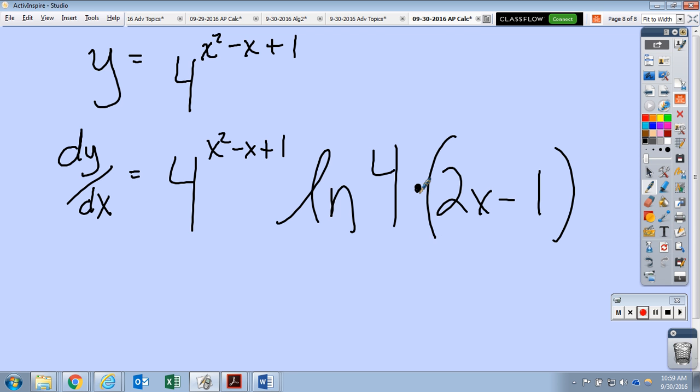And you could simplify if you want, that's perfectly fine. It's all multiplication. It's going to be some nasty, irrational value.